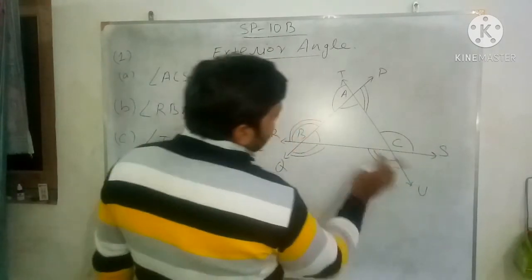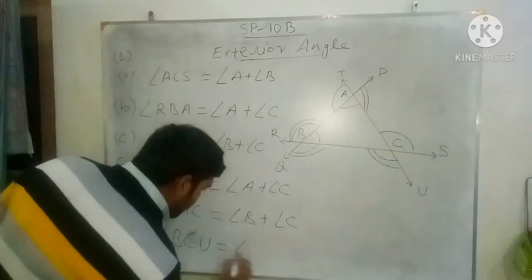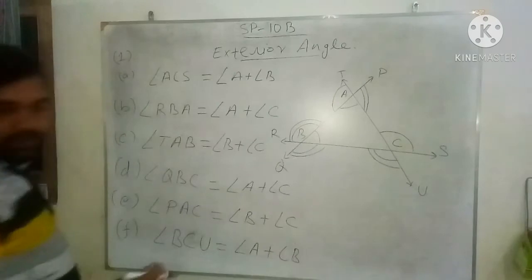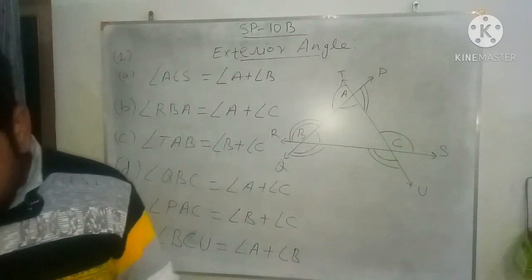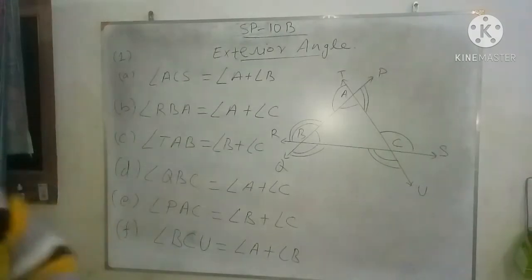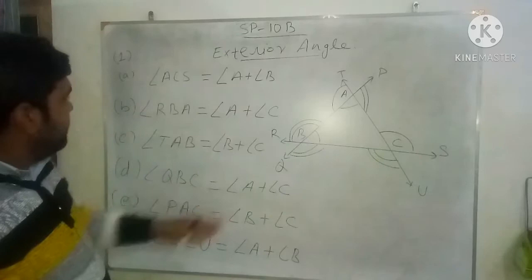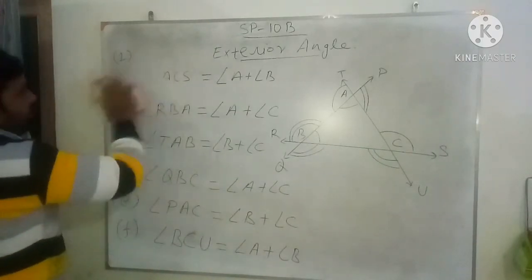So its interior opposite angles are A and B. So angle A plus angle B. So all these are the answers for this one. Now we move to the next question, number 2.